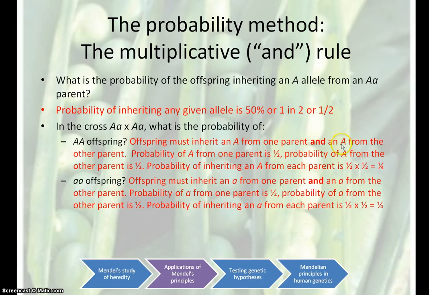The probability of inheriting that allele from the other parent is also 1 out of 2. So the probability of inheriting them both, the probability of both things occurring, is the AND rule. You're going to multiply. 1/2 times 1/2 is 1/4. And of course, the probability of getting a homozygous recessive offspring from the same parents is going to be the same.